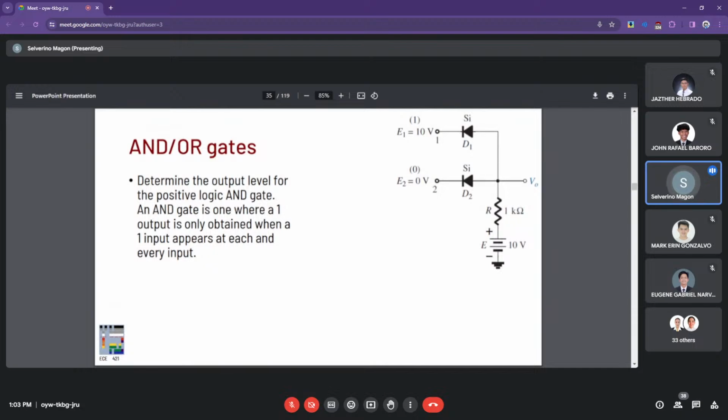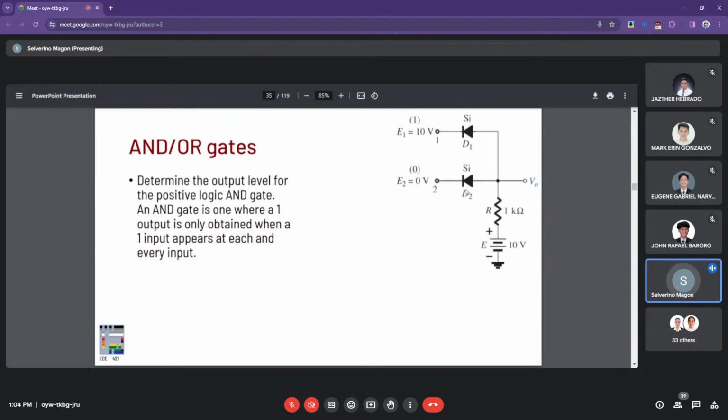Now, on the other side, we have two reversed diodes, relative to the voltage inputs. In this case, we have a supply of 10 volts in parallel with the VO and the resistor. So essentially, with this 10 volts and the input at D2 right here at 0, this will turn the D2 diode on.